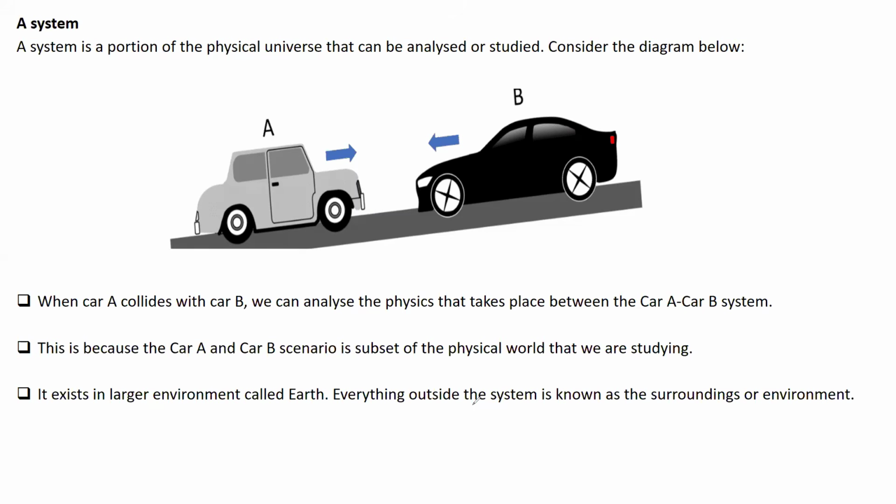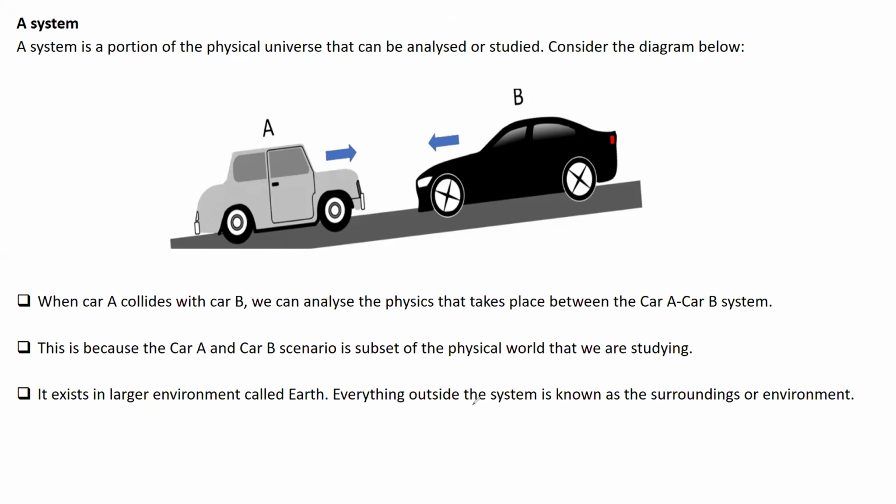Say someone is jumping onto a trolley. There is the boy-trolley system, because we can study the physics of the boy and trolley, car A, car B, gun and bullet. It's a portion of the physical universe that can be studied or analyzed.